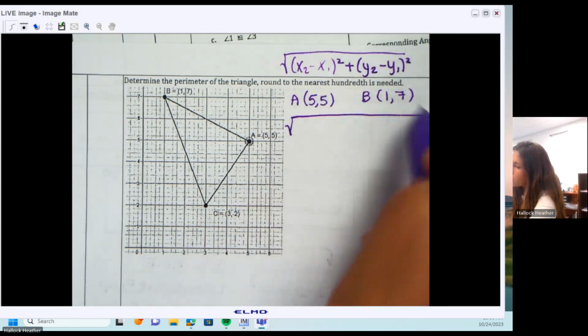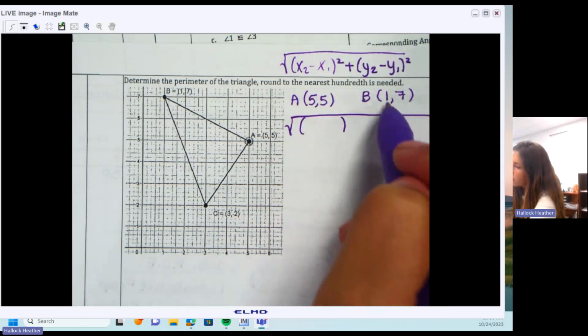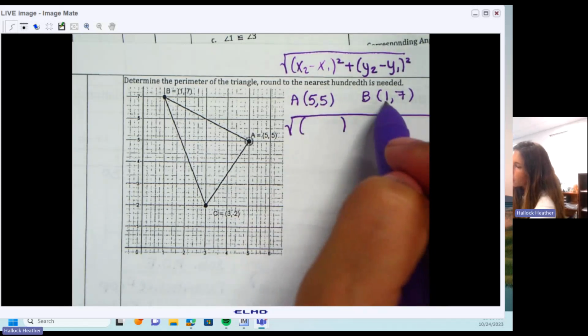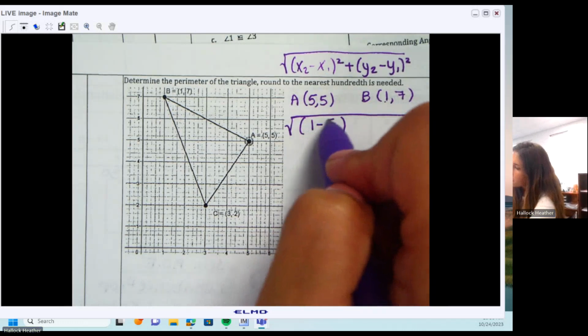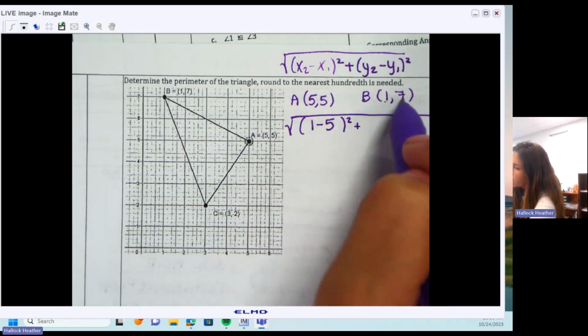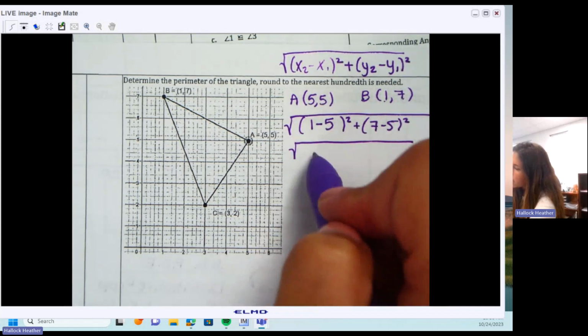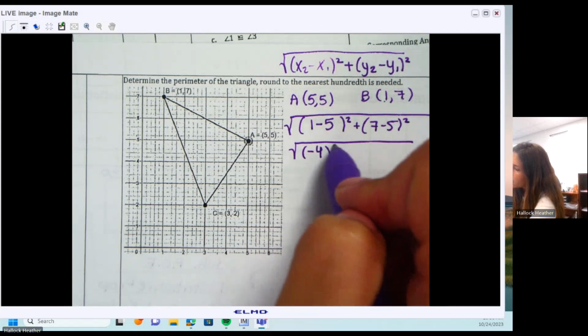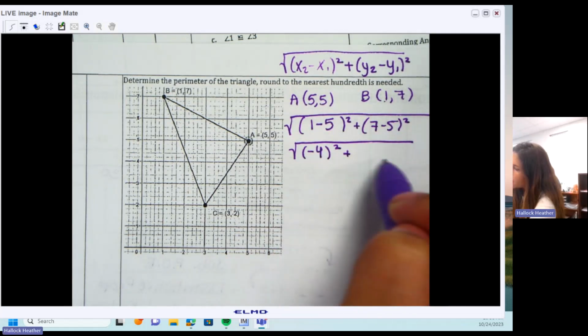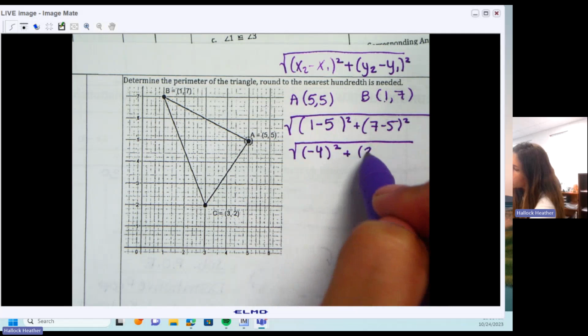So in parentheses, I'm going to have 1 minus 5 squared plus 7 minus 5 squared. If I simplify, 1 minus 5 is -4, and 7 minus 5 is 2.